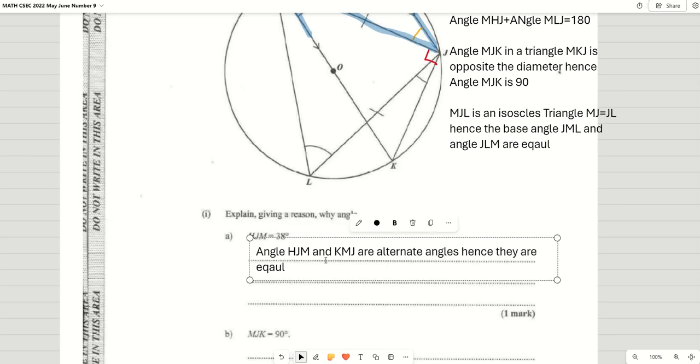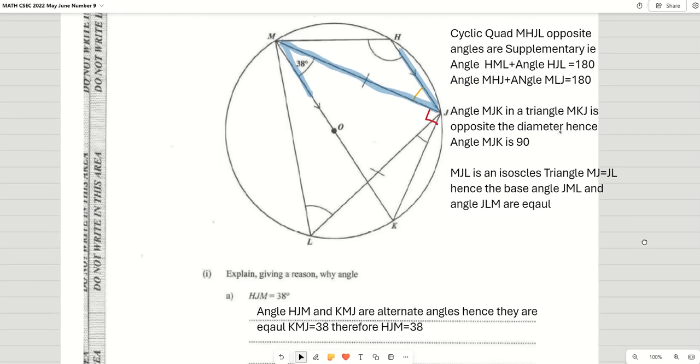Hence they are equal, and KMJ, which they give you, is equal to 38. Therefore, HJM is also equal to 38, and that would be your answer.